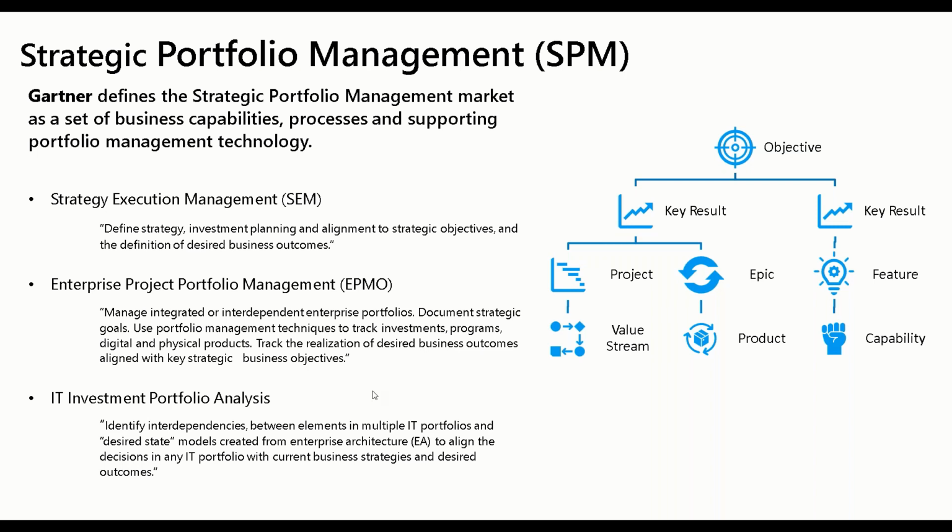The last is IPA, IT investment portfolio analysis, and really what we're looking at is all of our initiatives from the IT dimension, with a focus on enterprise architecture and all of the elements of a meta model for an organization, which might include capabilities, value streams, applications.